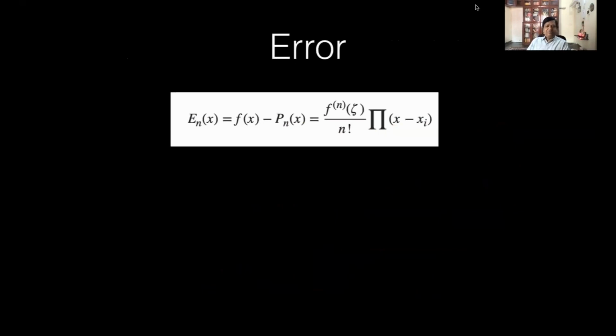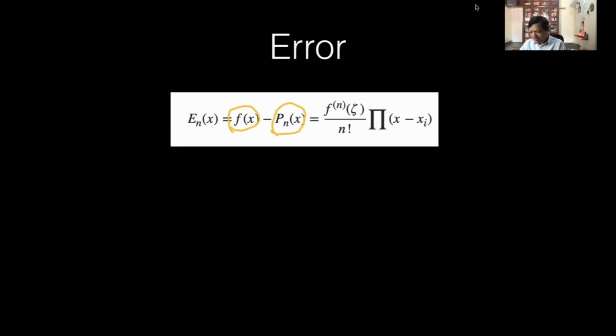Now, error. So, what is the error for this approximation? Remember, f(x) is a function, and we are approximating f(x) by Pn(x). This is an important point. I really don't know the function, but given the numerical data or experimental data, I could only construct Pn(x). Now let's see what the error is.